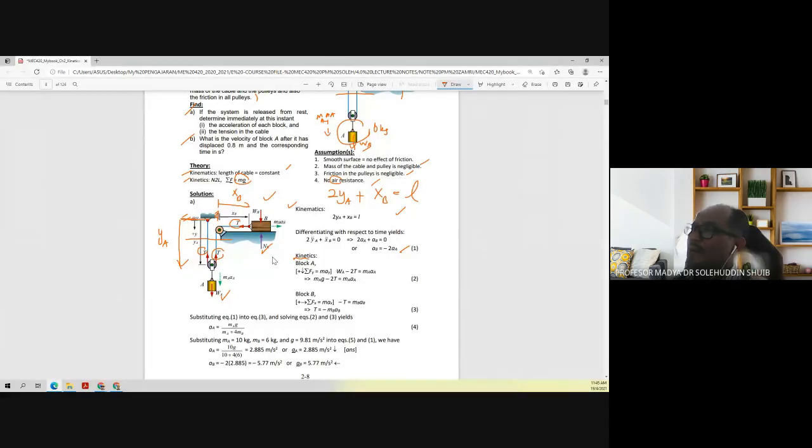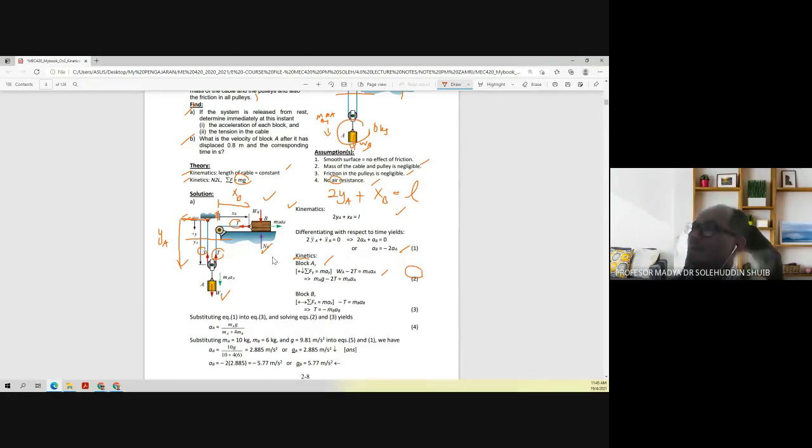For block A, summation of force in the y direction equals MA times AA. Looking at block A, WA minus 2T equals MA times AA. So you get equation 2.